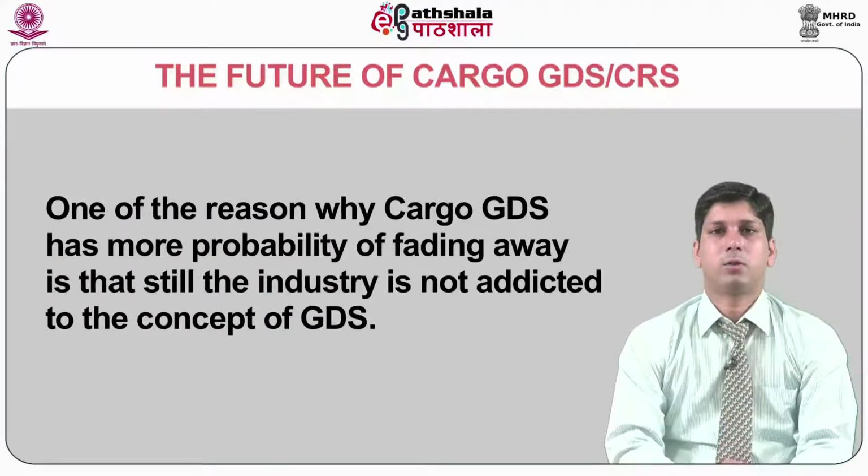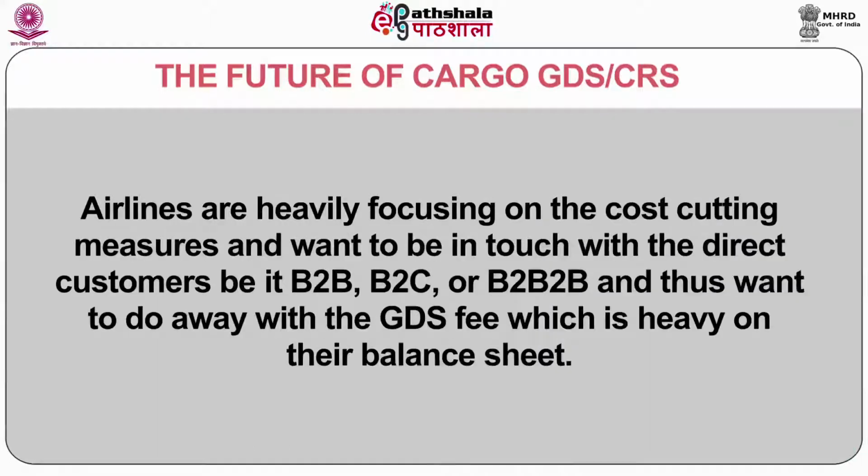send their cargo. One of the reasons why the cargo global distribution system has more probability of fading away is that the industry is still not addicted to the concept of GDS. Airlines are heavily focusing on cost-cutting measures and want to be in touch with direct customers, be it business to client or business to business, and thus want to do away with the GDS fee, which is heavy on the balance sheet.